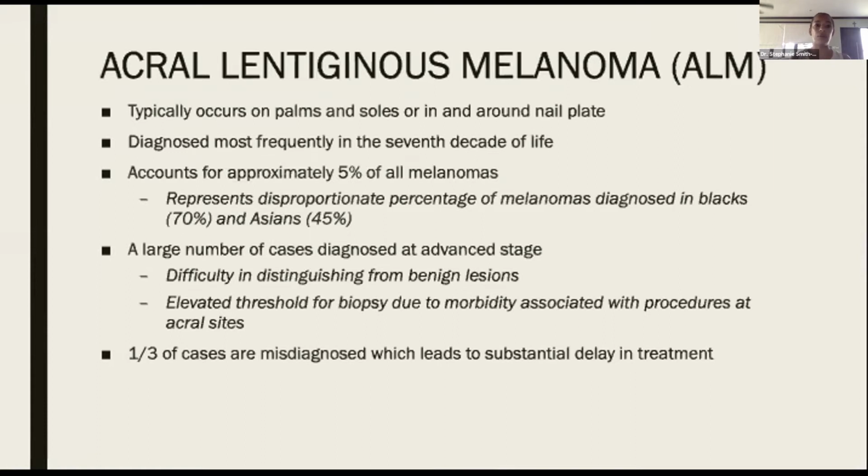As I mentioned before, superficial spreading melanomas are the most common type. However, it's disproportionately represented compared with other melanoma subtypes among individuals with darker skin phototypes. So we see a higher percentage of patients of African, Hispanic, or Asian descent with acral lentiginous melanoma.